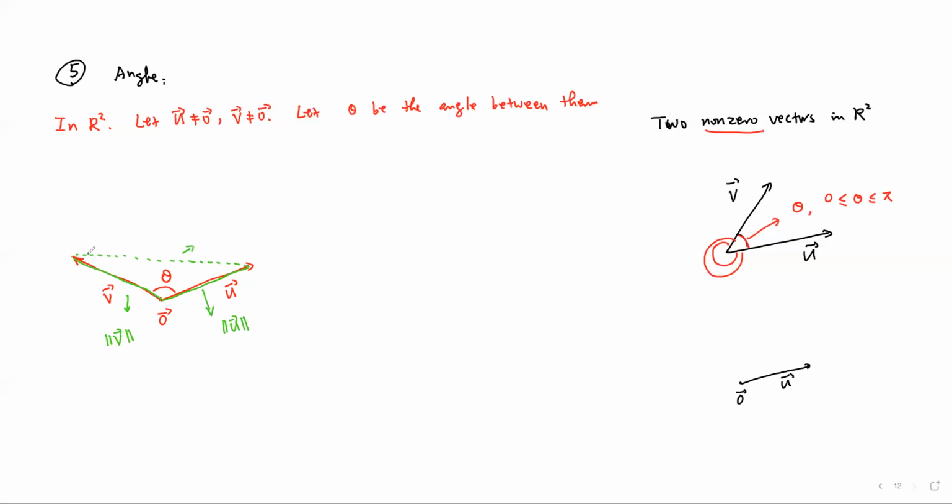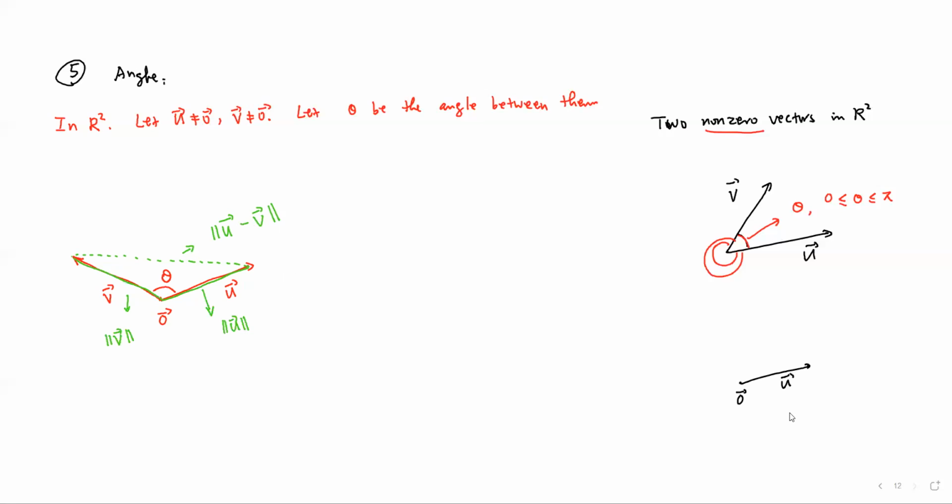It turns out that the length of this edge is U minus V, then take the length of this new vector.